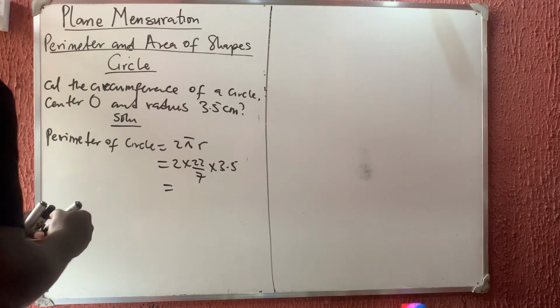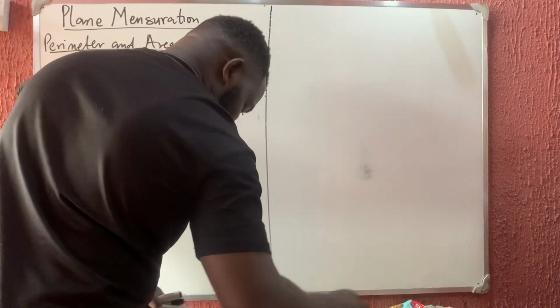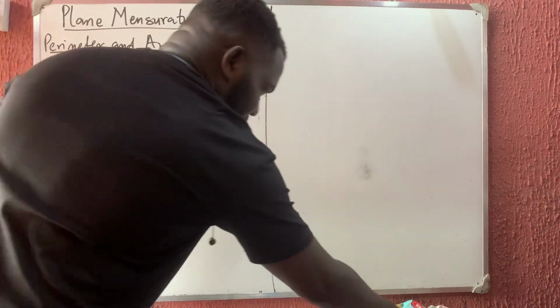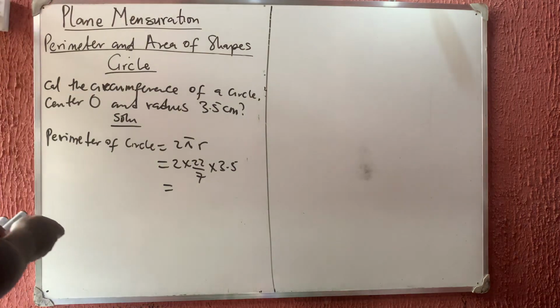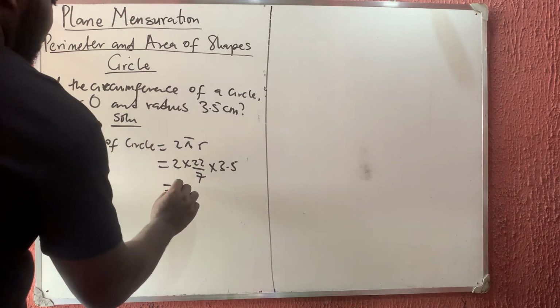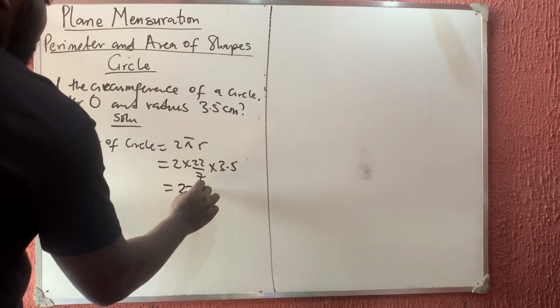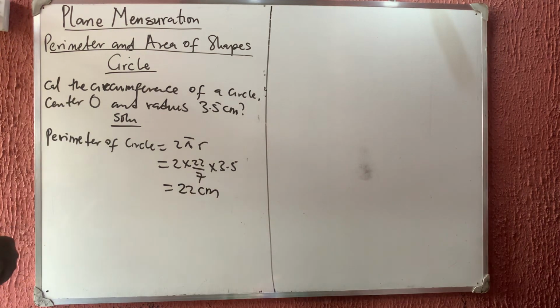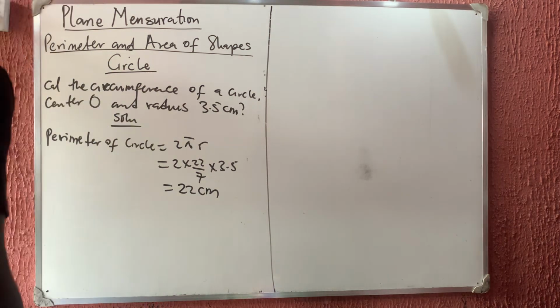You multiply out, where is my calculator? So I have 2 times 22 times 3.5, then divided by 7. So this is 22 cm. That is the perimeter of the circle, or the circumference of the circle, like I told you.